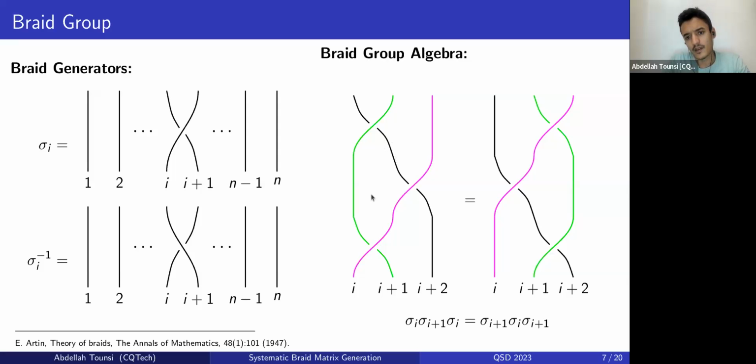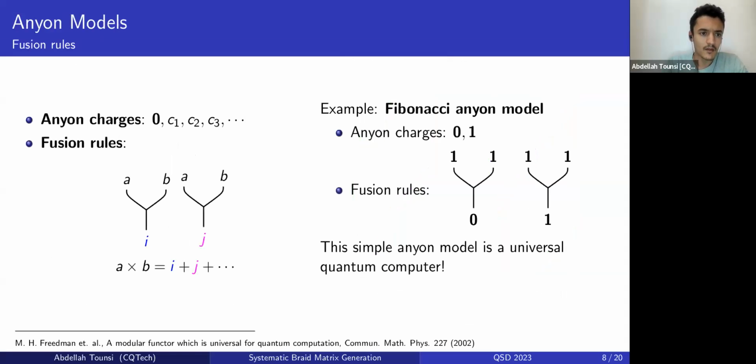These two Braid patterns are topologically equivalent, and algebraically it gives a restriction on the generators. So by concatenating these Braid generators, we can create any braiding sequence. But the statistics of anyons is not enough to encode quantum information.